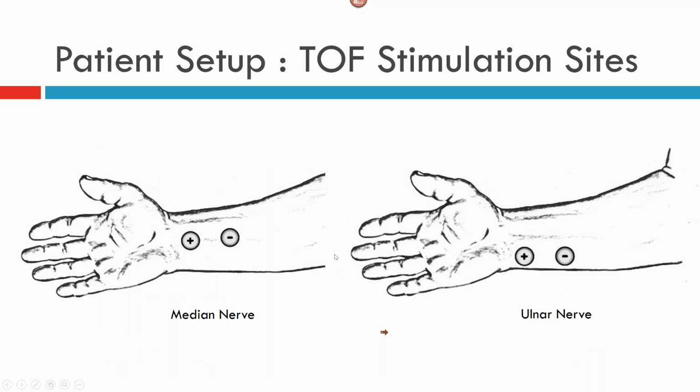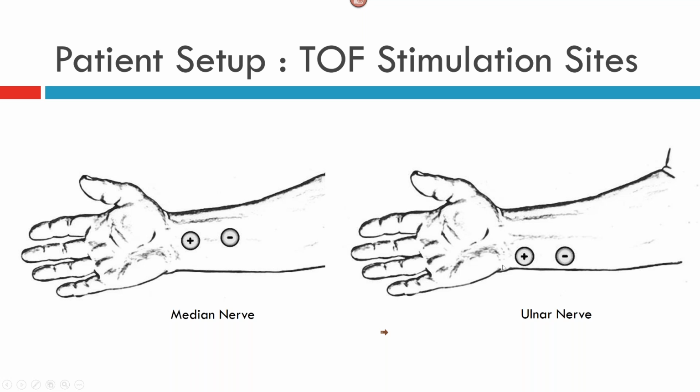So if you're doing a trainer 4 from hand, median nerve stimulation is a typical median. You go between the tendons of palmaris longus and flexor carpi radialis. And ulnar nerve, you go more medially. So again, the cathode is proximal, anode is distal, but that is set up for the ulnar nerve SSEP and median nerve SSEP. But if you're doing trainer 4, you have to reverse the polarity.